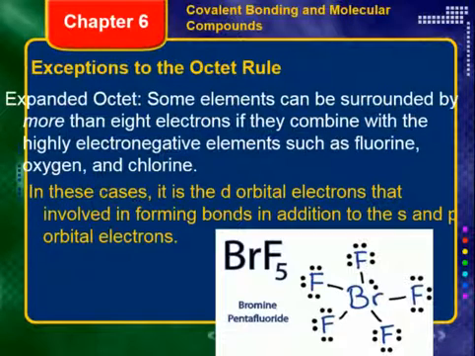this insane electronegativity, let's use the example of fluorine. These fluorine atoms can actually be so electronegative that they reach below the valence shell into the d orbital to share electrons, to form bonds. So in these cases, it is the d orbital electrons that are involved in forming bonds in addition to the s and p orbital electrons. And so here's my example, bromine pentafluoride.